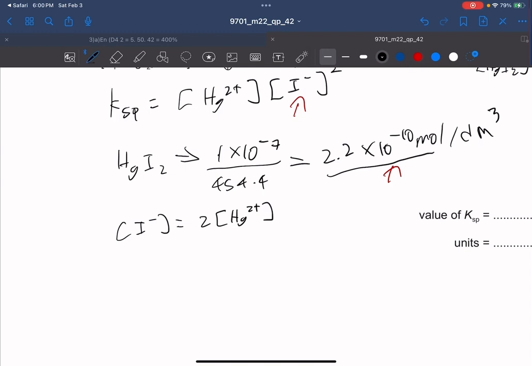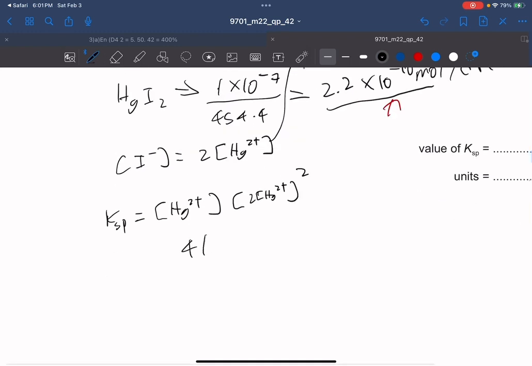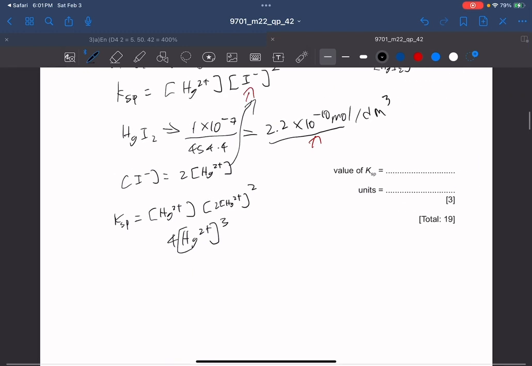So if we plug that in here, like algebra, we get an expression like this: Ksp equals 2 Hg2 plus squared. So it's going to be 4 Hg2 plus cubed. So really easy. We're going to do that mathematically.